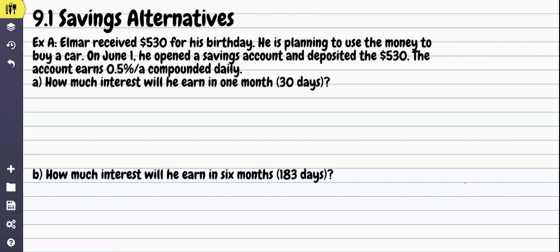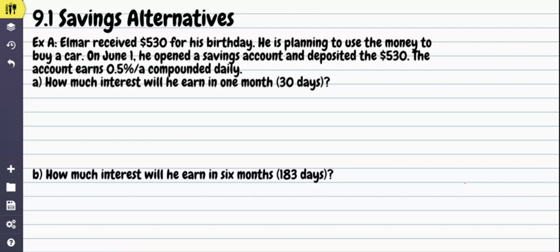Okay, so example A, Elmar received $530 for his birthday. He is planning to use the money to buy a car. So hopefully you're not looking to buy a $20,000 car, because $530 is going to take you a long time to earn enough interest to buy a $20,000 car.